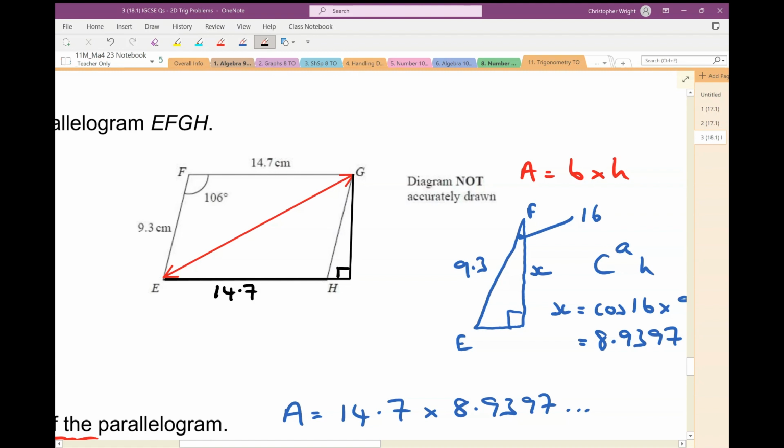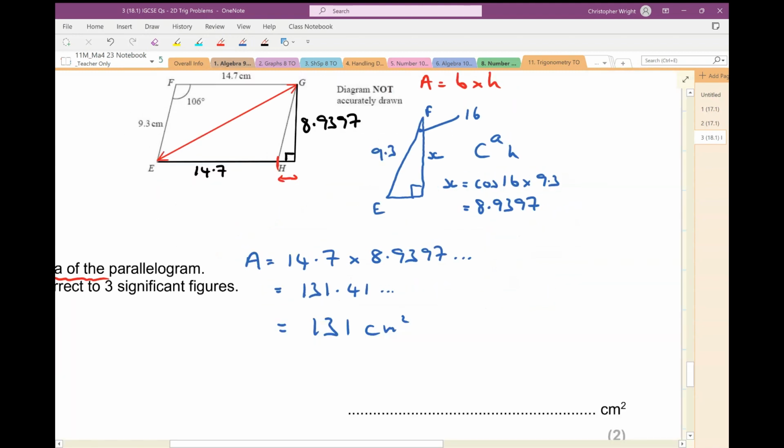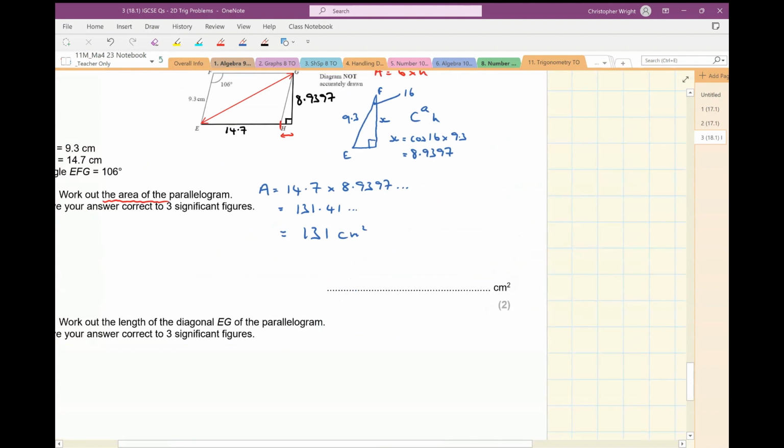Okay, now I know the length from G down because I know that's 8.9397. That's the height of the trapezium, right? But this length along the bottom isn't 14.7. 14.7 only takes me as far as this. So I'm going to need to work out that missing little bit. But I can do that using that right-angled triangle at the end.